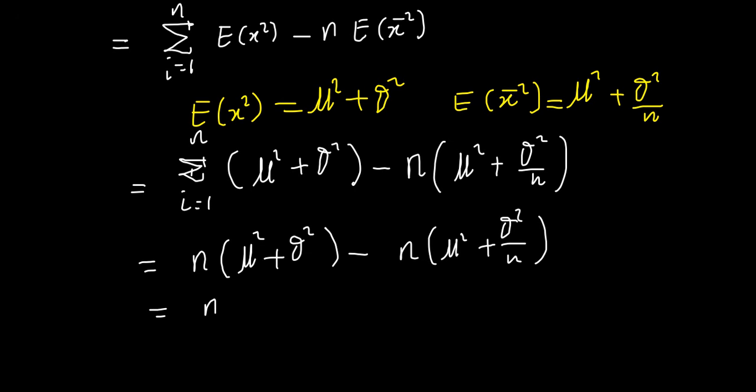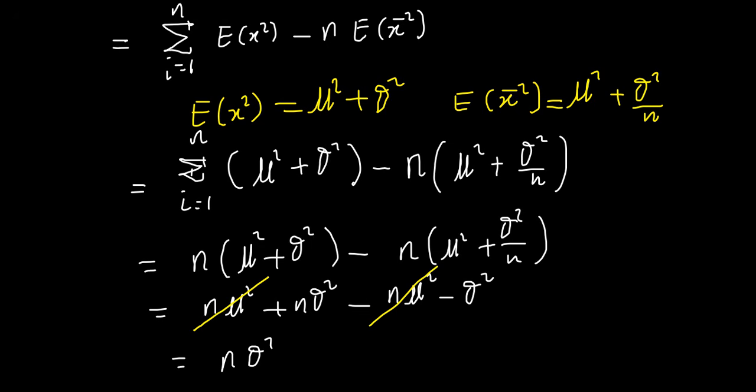This is going to be n mu squared plus n sigma squared minus n mu squared, and then the negative n times sigma squared over n, that will be negative sigma squared. So can you see that this will cancel with this, and what are we going to remain with? We remain with n sigma squared minus sigma squared.